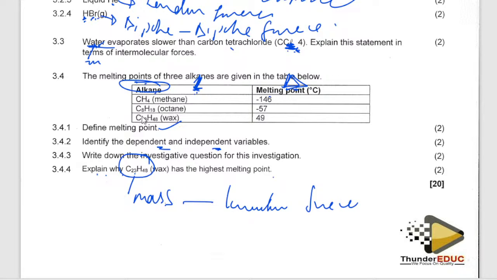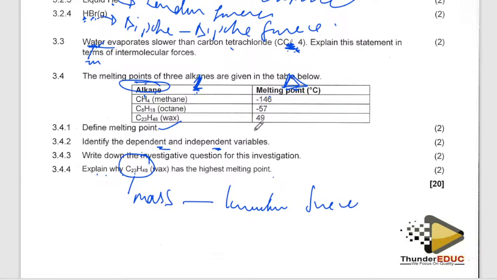Or you can say that as the number of carbon atoms increases, the melting point also increases. Therefore, this one has the highest number of carbon atoms, hence the melting point is high due to the London forces increasing.